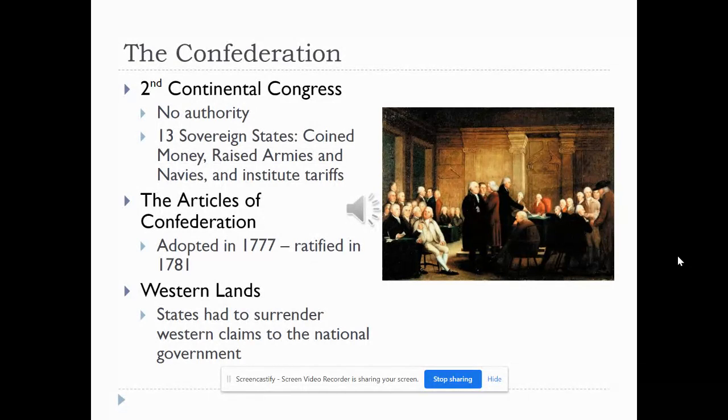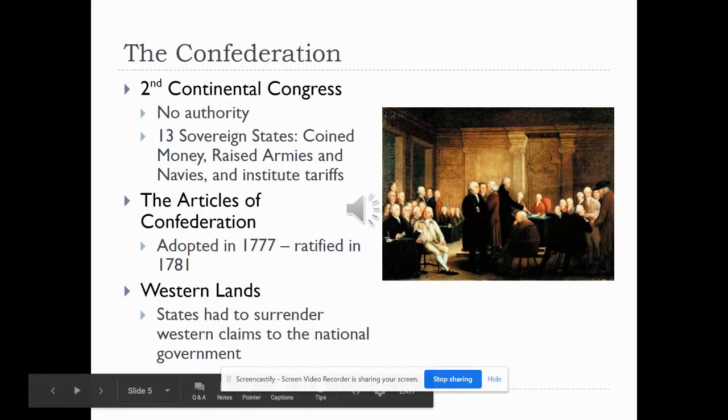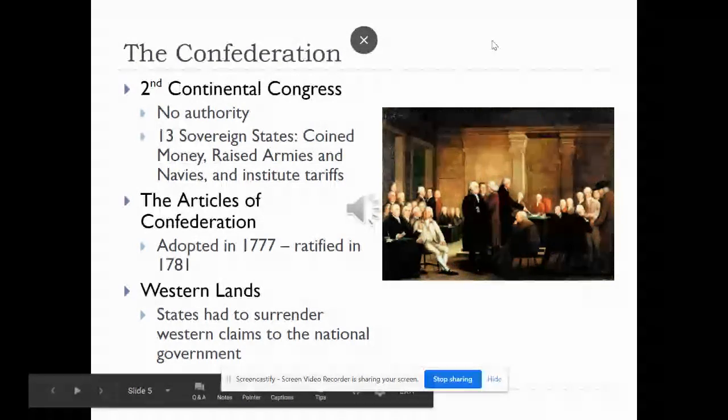So they were going out towards the Ohio River, places that are what is today Pittsburgh and all the way down to what is today Cincinnati, and concerning themselves with the settlement of that territory as if it was part of Virginia. Well, now Virginia has to cede that claim to the American government, which is not exactly popular, especially with the landowners. But it's something that needs to happen moving forward.